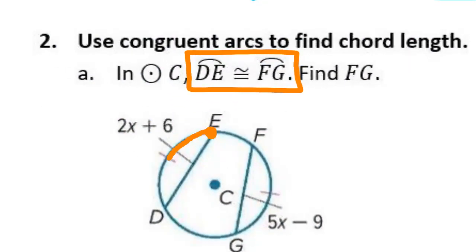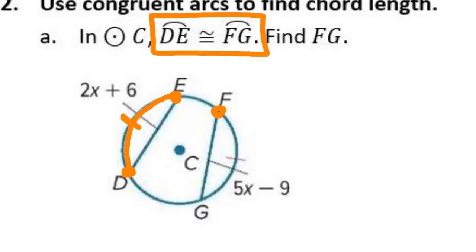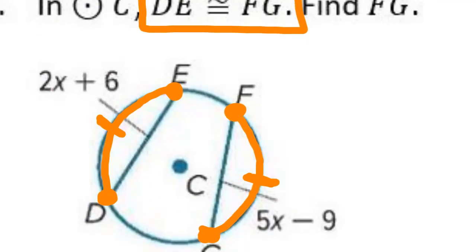So remember, an arc is like the crust on a pizza. So this piece of crust, DE, is the same size as this piece of crust over here, FG. If those two arcs are the same size, what does that mean about chords DE and FG?